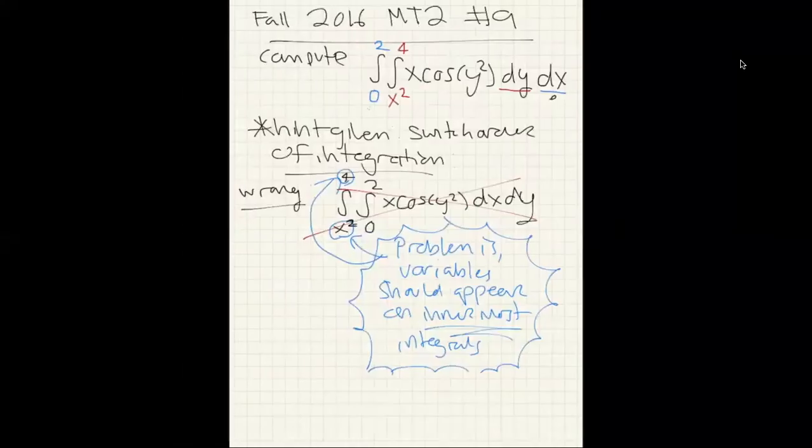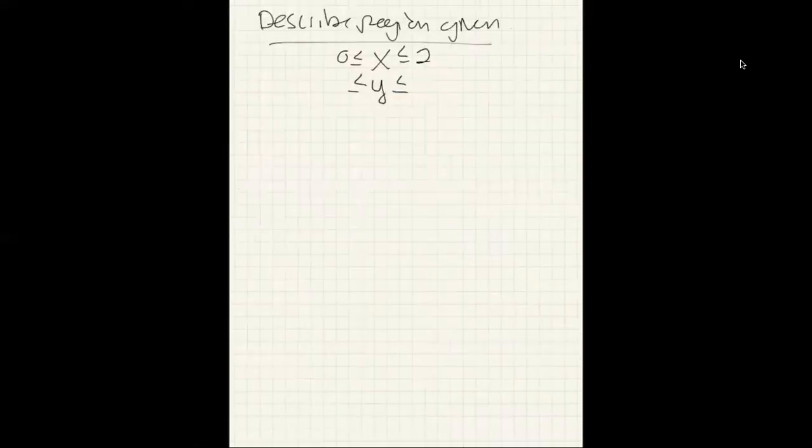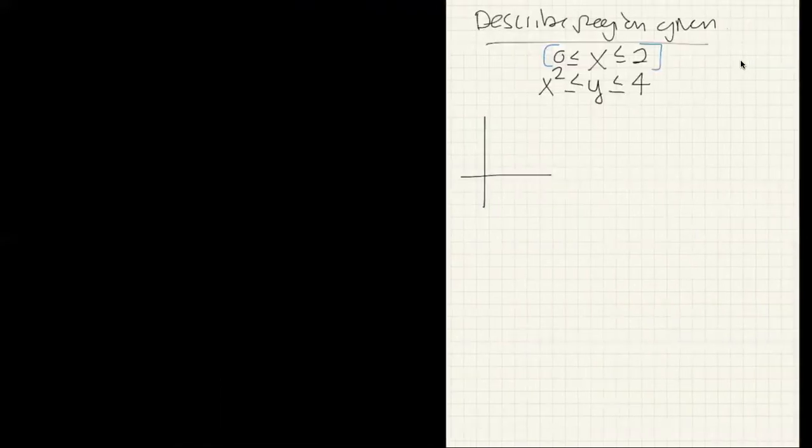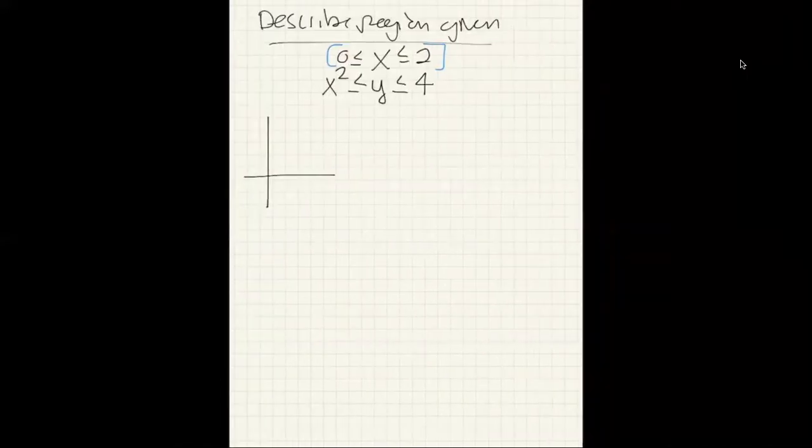It's telling me my vertical red strips start at x squared and end at 4. So I'm going to draw that picture. My x's are going from 0 up to 2.